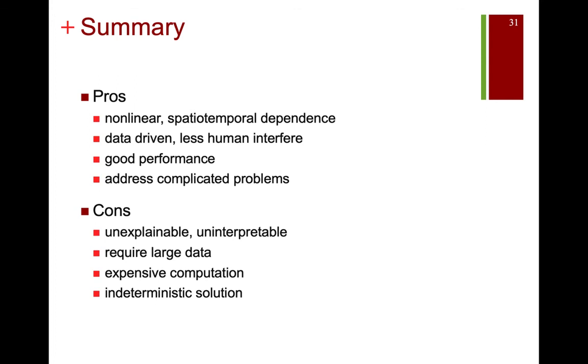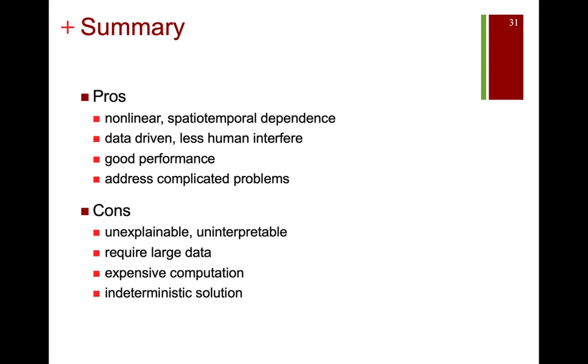We don't need to tell the model step by step how to get the output, although we still need to design our model, train it, and also tune the parameters. And usually, the deep learning based models can get better performance compared with the traditional methods and can address some complicated problems that are very difficult to address by developing a deterministic algorithm.